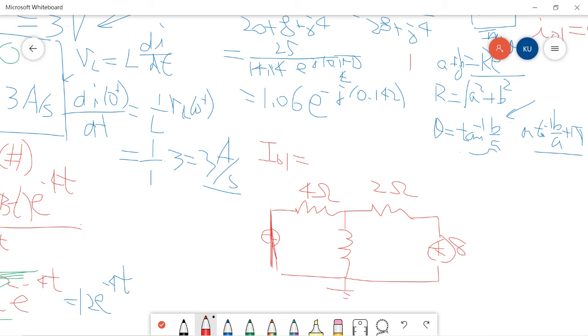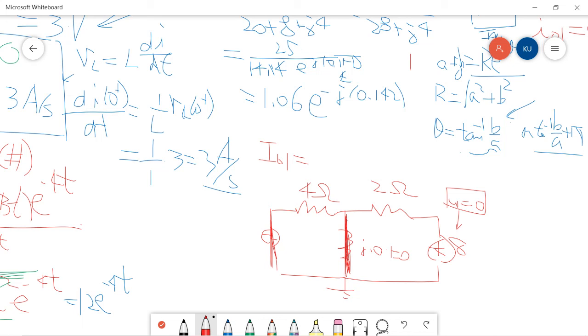So in this case, what is the frequency? Omega is 0 for a DC source. So we have j times omega, which is 0, times 1. So it will be 0, so it is a short circuit.